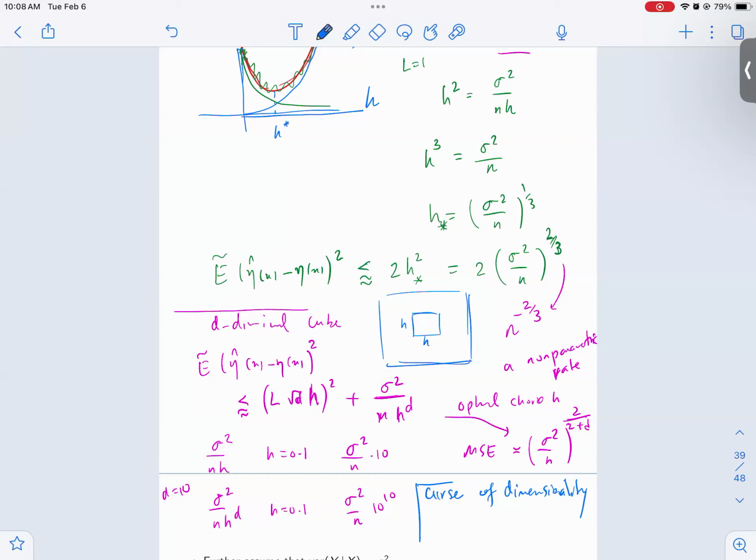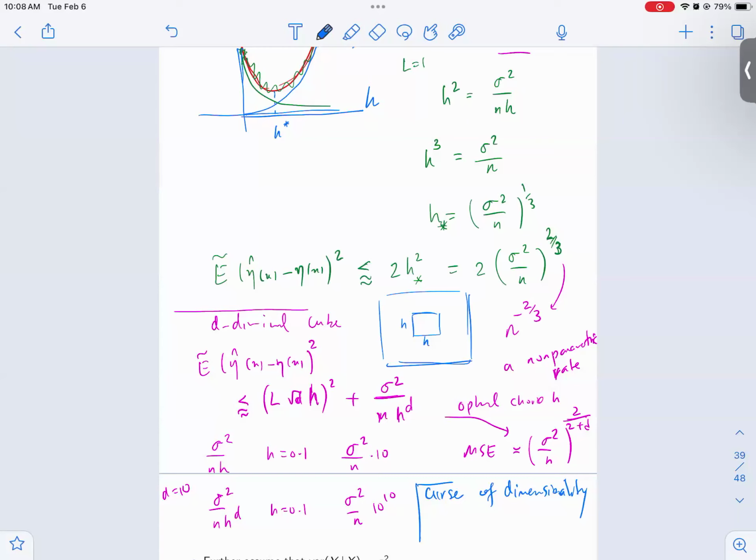And so one question is, can we mitigate this? One approach is to assume that the true function comes from a smaller class of functions. So this doesn't assume any sort of regularity. At this point we assume Lipschitz regularity, but Lipschitz is very general.